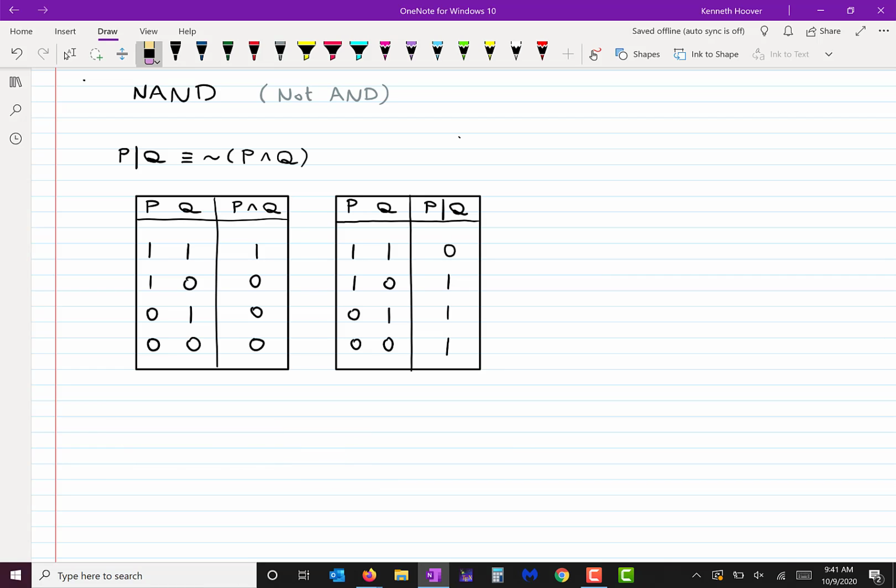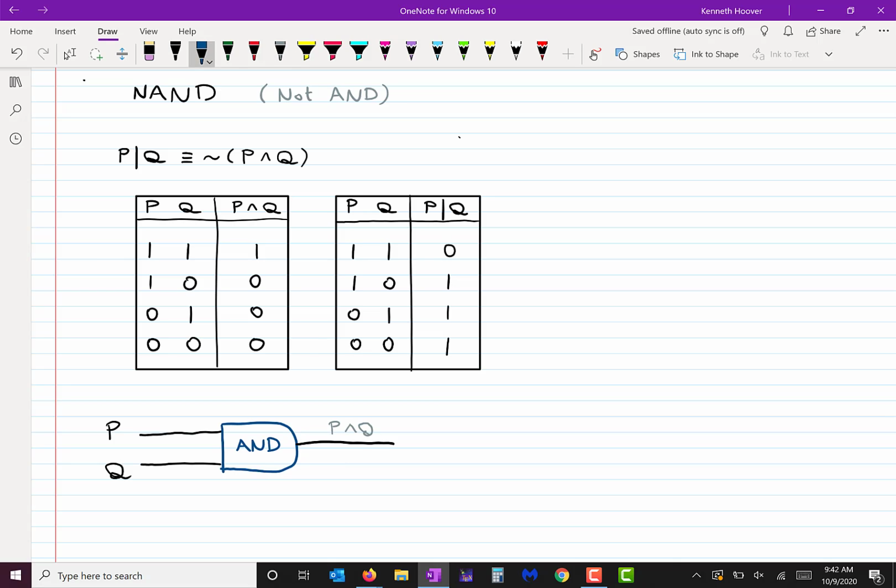So NAND means the negation of P and Q, right? So that means if I had P and Q coming together through an AND gate, then what comes out of there would be P and Q, right?